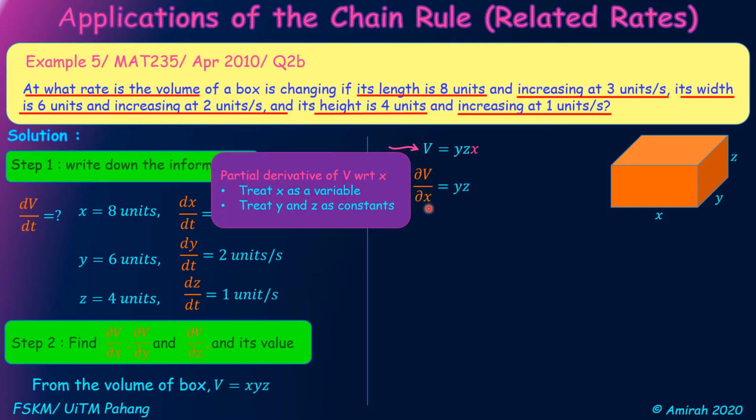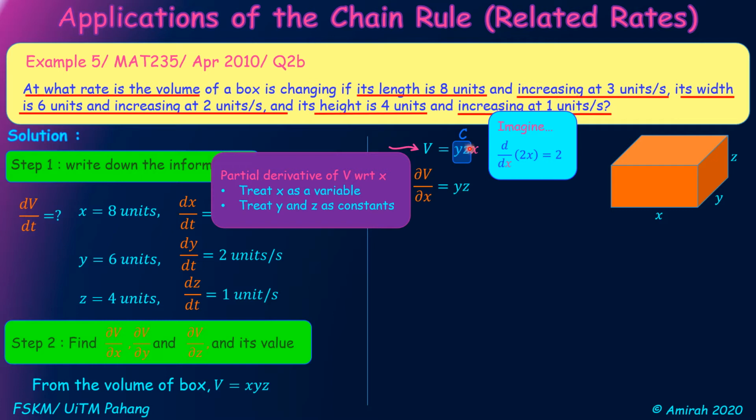Del V over del x means partial derivative of V with respect to x. We treat x as a variable and we treat y and z as constants. When we want to differentiate constant times x, let's say we differentiate 2x with respect to x, the answer equals 2, and 2 here is a constant.